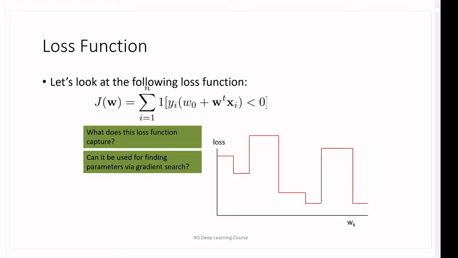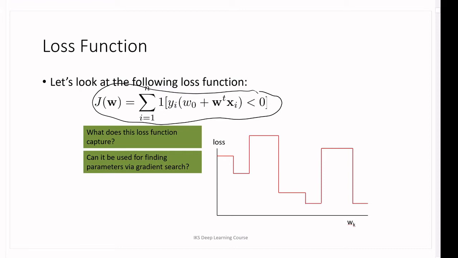Now let's look at the expression shown here, and let's look at the argument for the indicator function in this particular case. Let us consider the case where yi, that is the desired output, is +1.